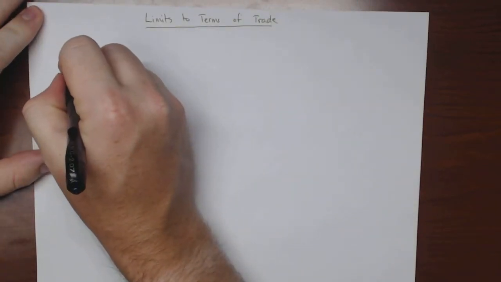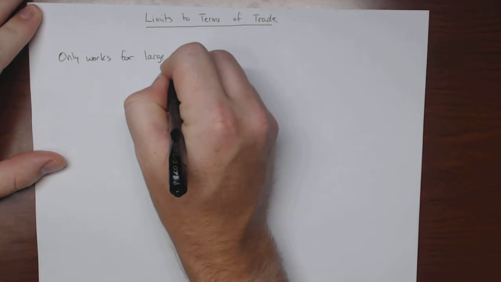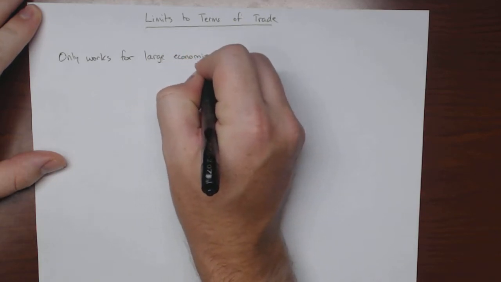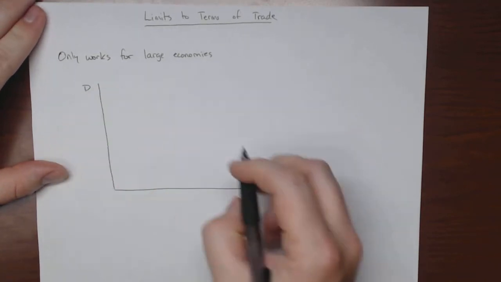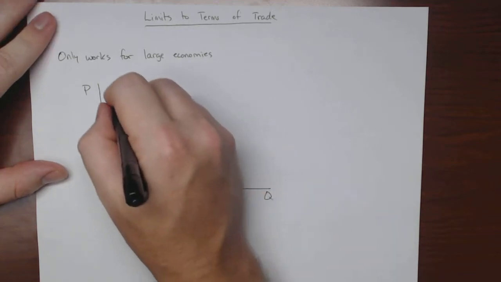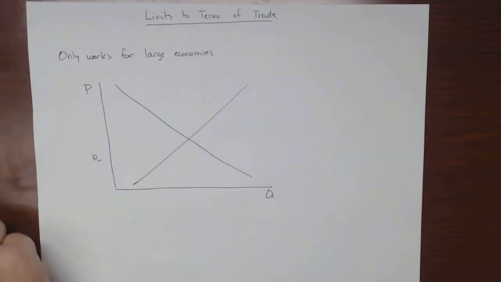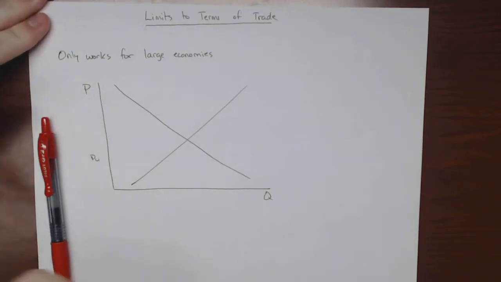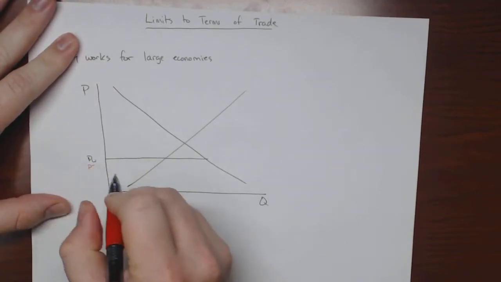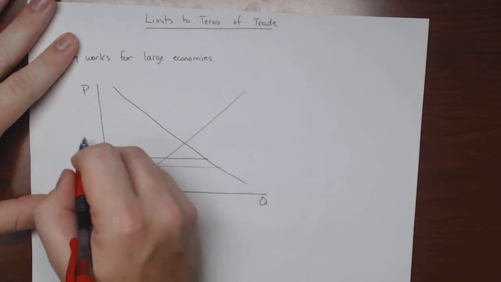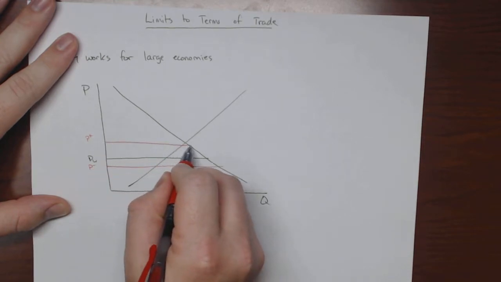So it only works for large economies, right? In small economies, what we tend to see, oops, there should be a P, thank you, what we tend to see is if they impose a tariff, let me finish drawing across, is P minus being only slightly lower and P plus being much higher.